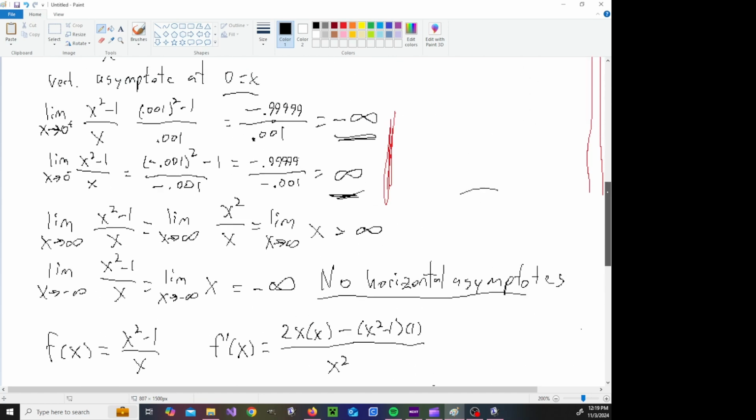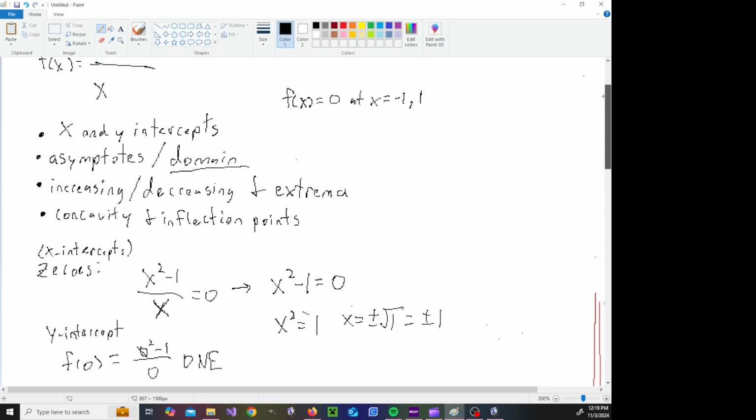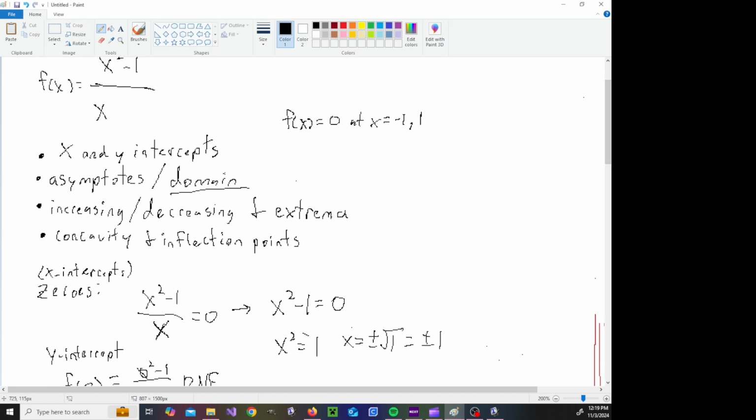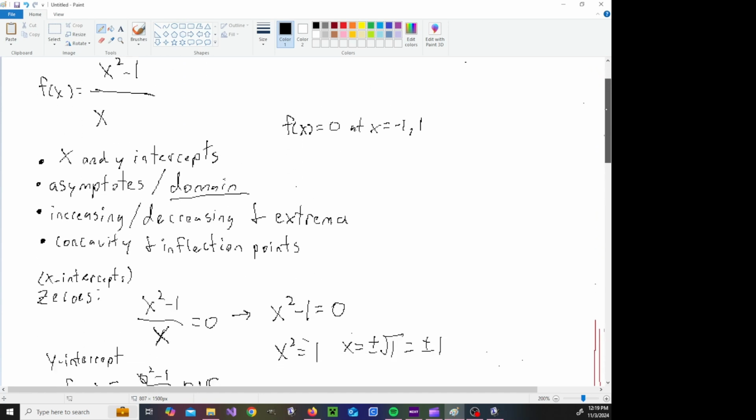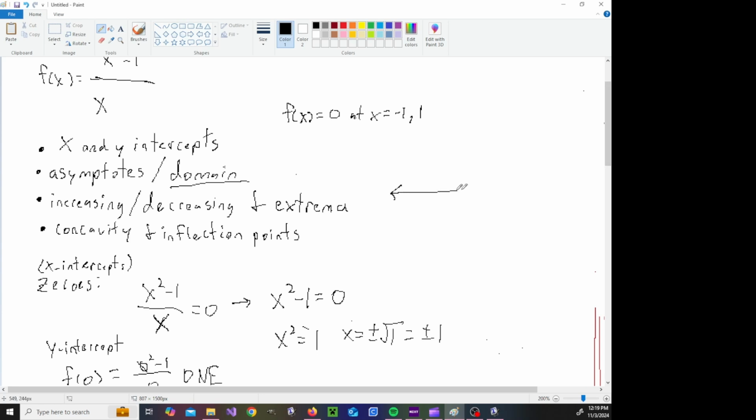So now that I have all of these pieces, can I use them to graph my function? Well, I know that my function has x-intercepts, right, is equal to 0 at -1 and +1. So I'm going to draw my function in red to make it really clear, but I have to go through these two coordinates.